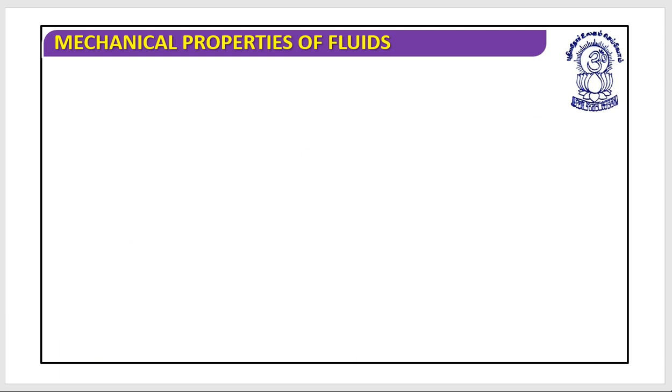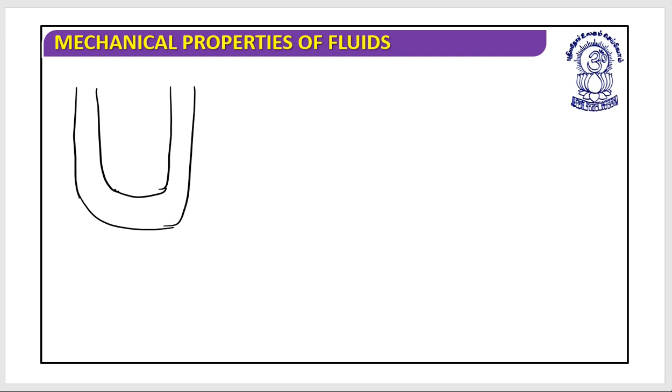Even this is valid in this kind of U tube. Let's have a look. This is a U-shaped tube, and it is filled with the fluid, and now let's suppose it is moving or having accelerated motion, and its fluid will be something like this.